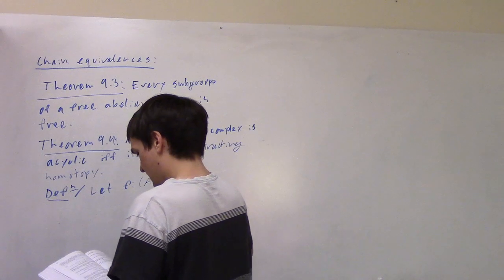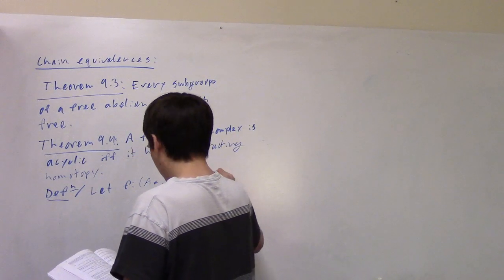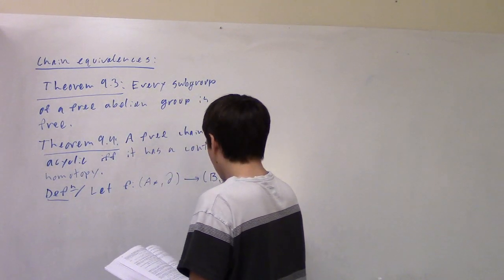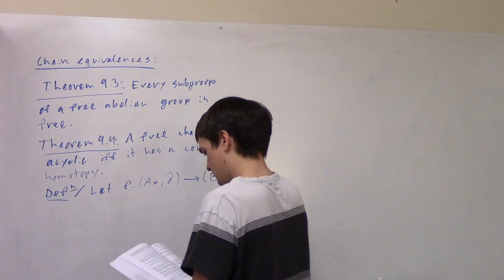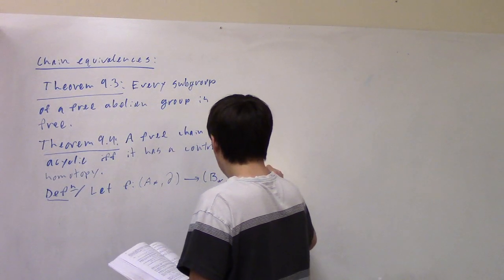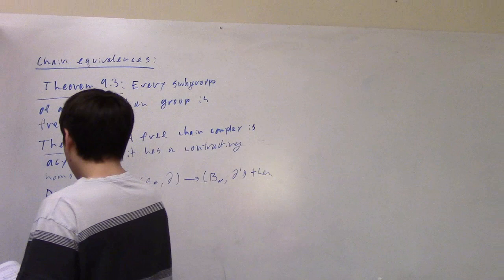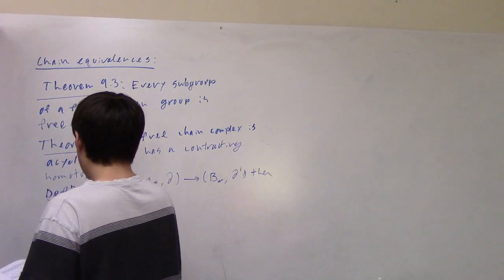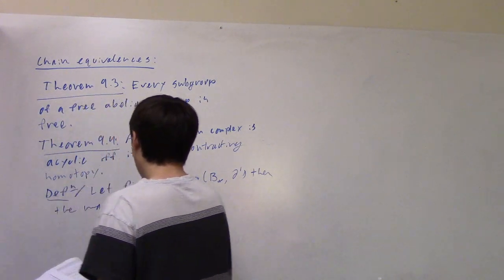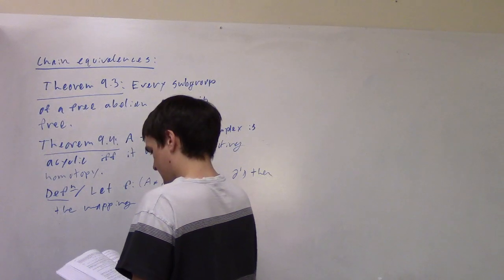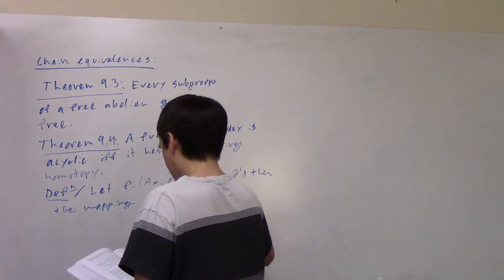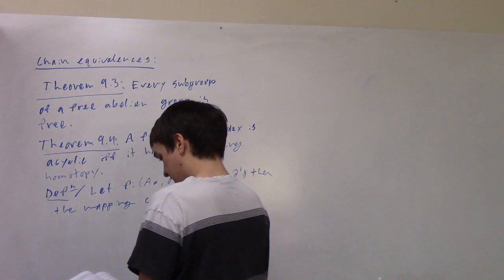So if you have a chain map, then they define the mapping cone CF, which is a chain complex.